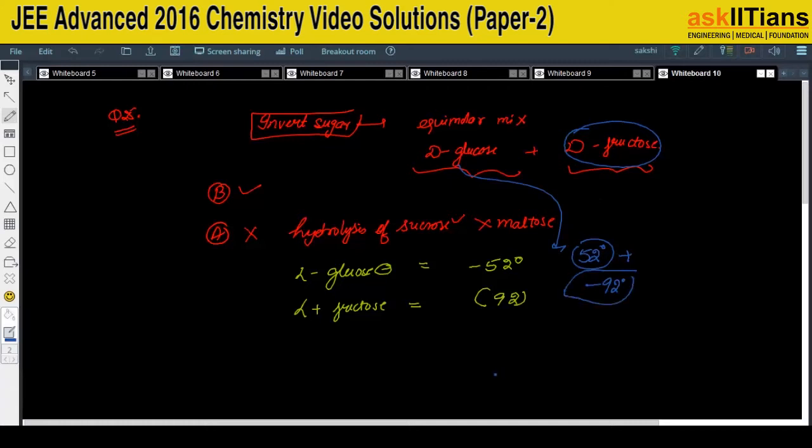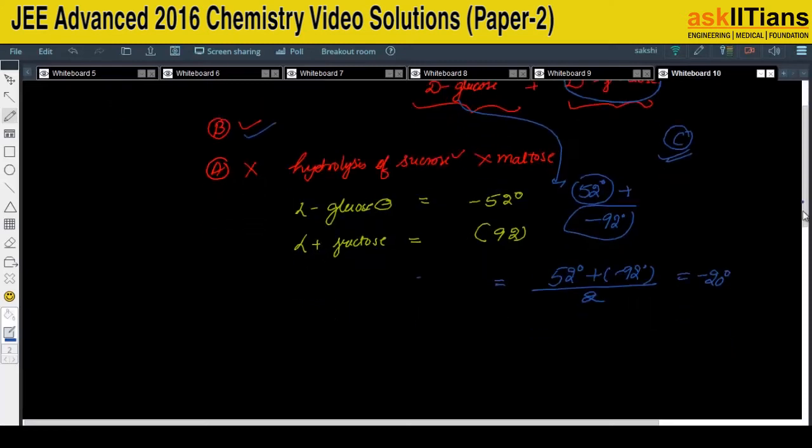So we have the individual components, and the specific rotation of the mixture will be equal to half of the sum of the specific rotations of both components. Since it is equimolar, it is 52 plus minus 92, the whole divided by 2, and if you solve it, it comes out to be minus 20 degrees. This was option C, so B and C are the correct options by this time.